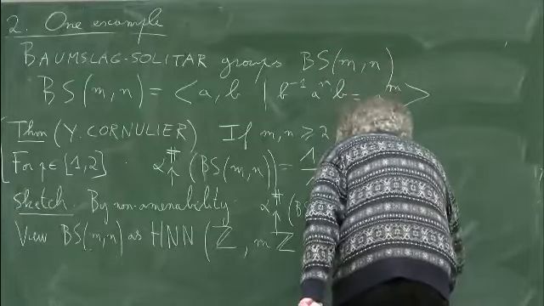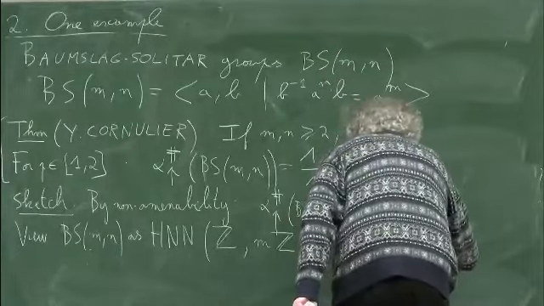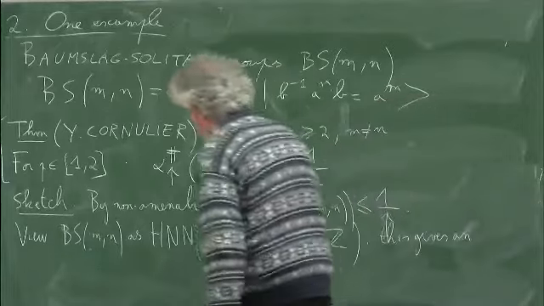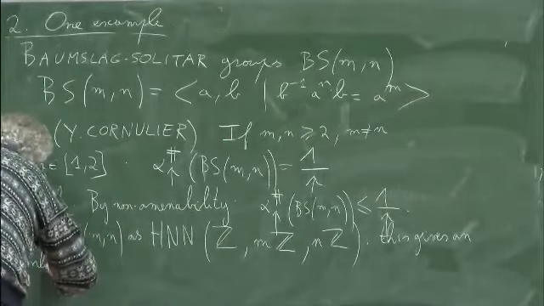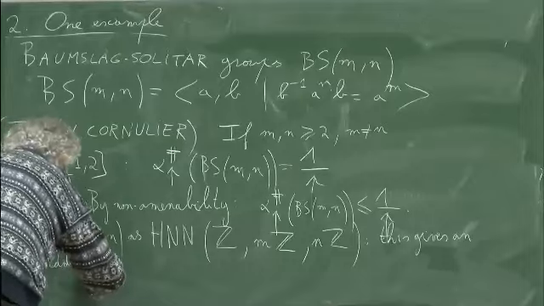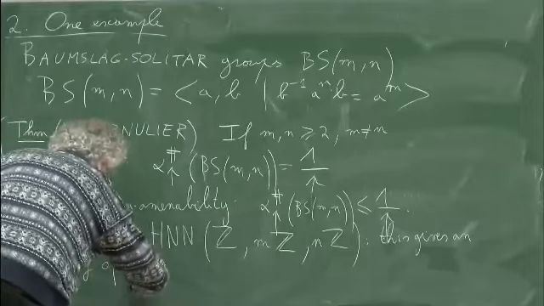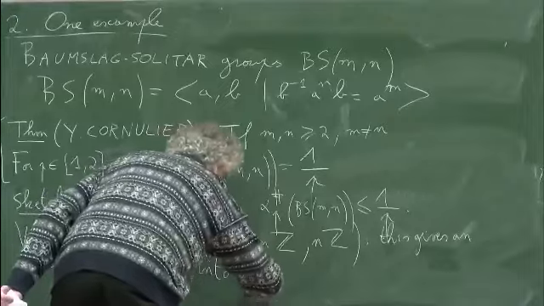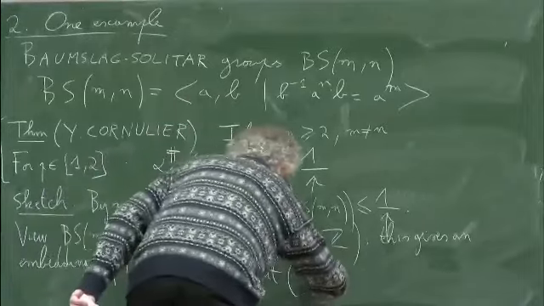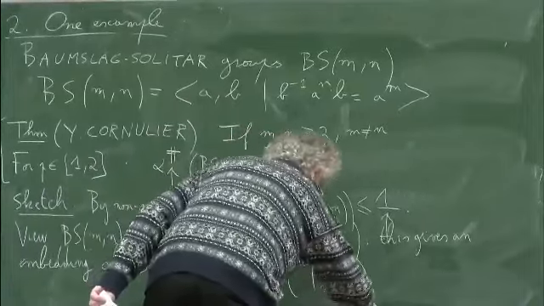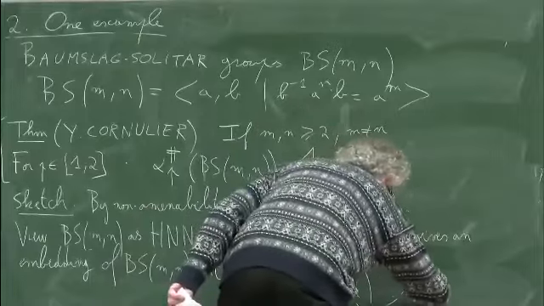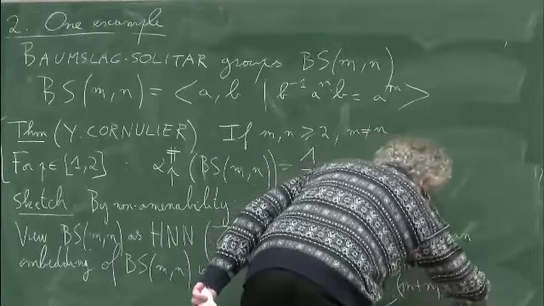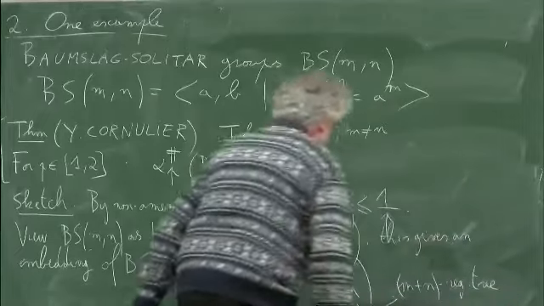So this gives an embedding of BS(m,n) into the automorphism group of T_{m+n}, the (m+n)-regular tree.